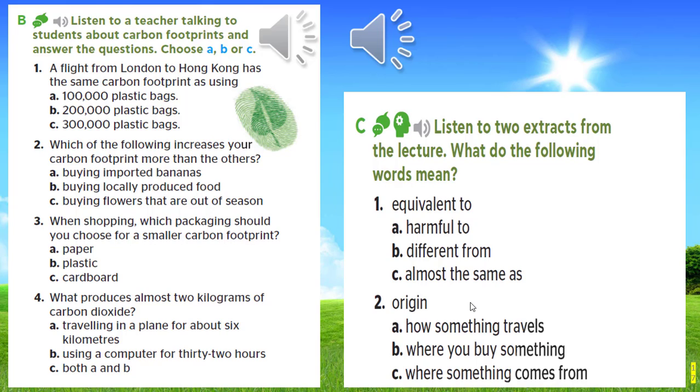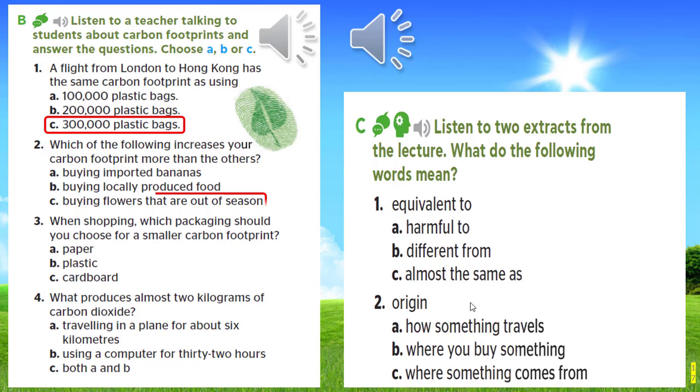Okay, dear students, now let's answer question number 1. A flight from London to Hong Kong has the same carbon footprint as using, the answer is 300,000 plastic bags. Number 2, which of the following increases your carbon footprint more than the other?